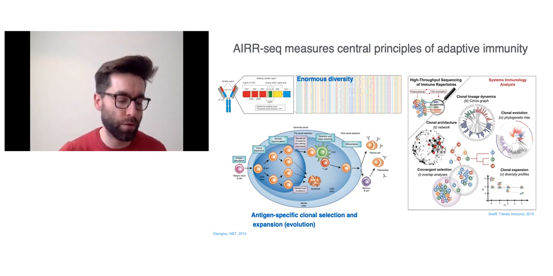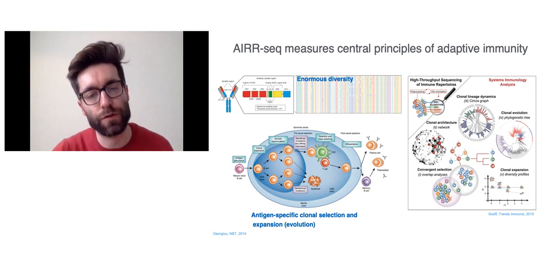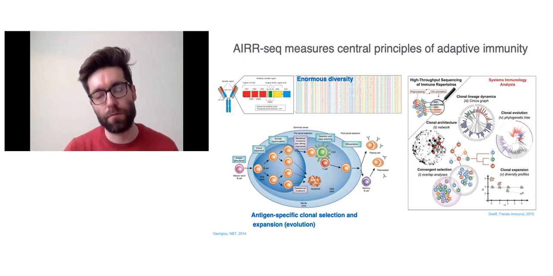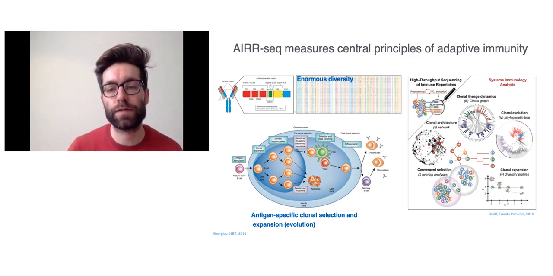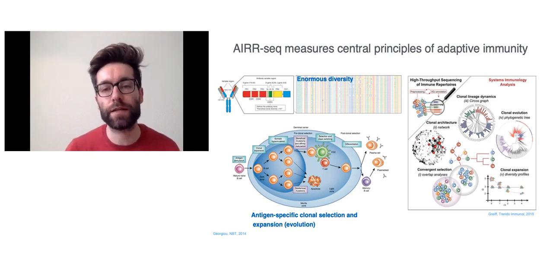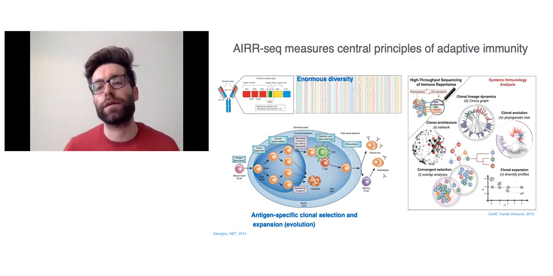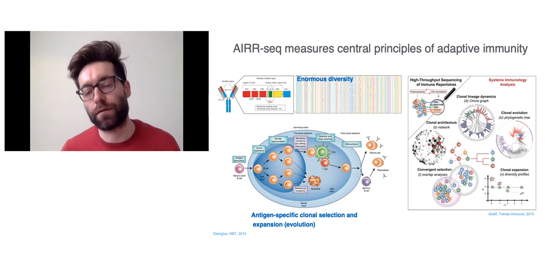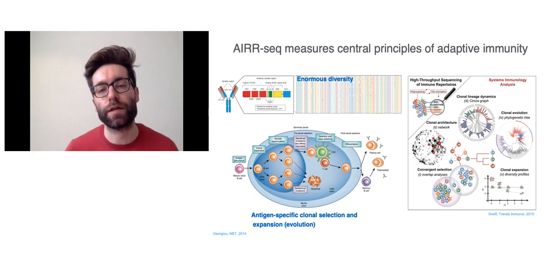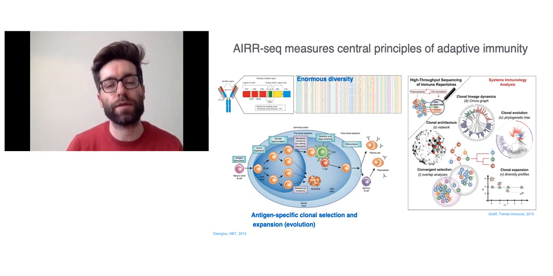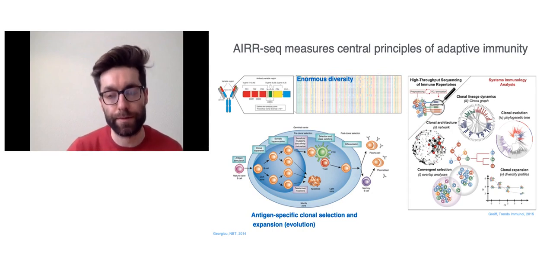So we can follow cells over time as they mature through B-cell ontogeny, and we can also look at, on the right-hand side, clonal architecture, convergence, selection, lineage dynamics, evolution, and clonal expansion. So all of these things can be computationally looked at when we analyze immune receptor data.